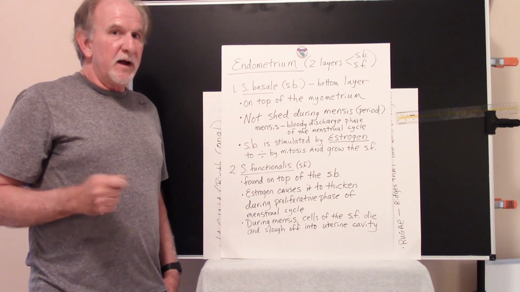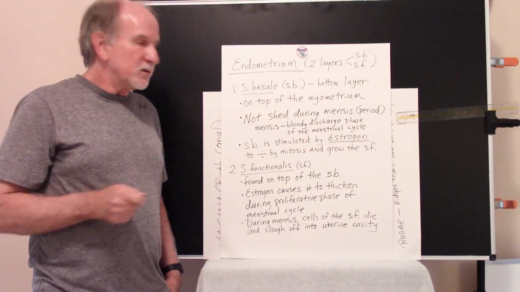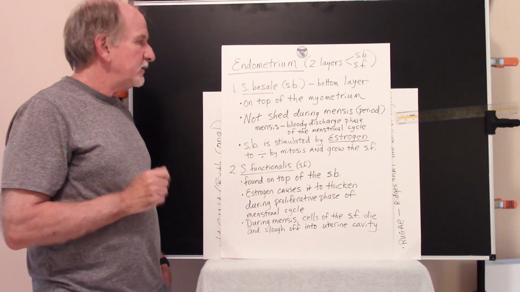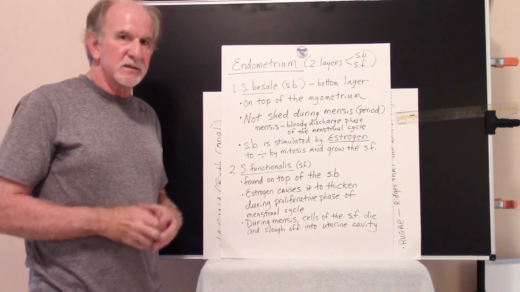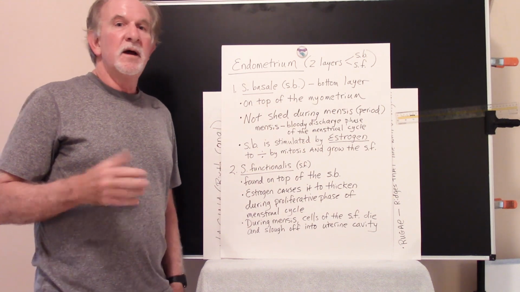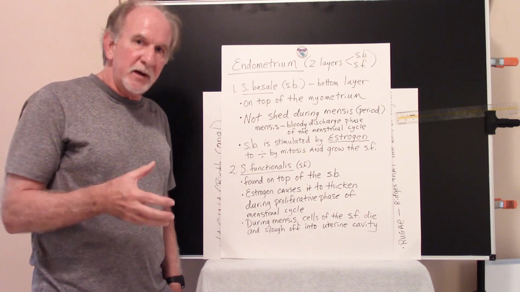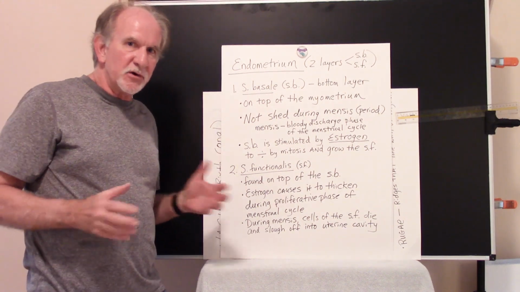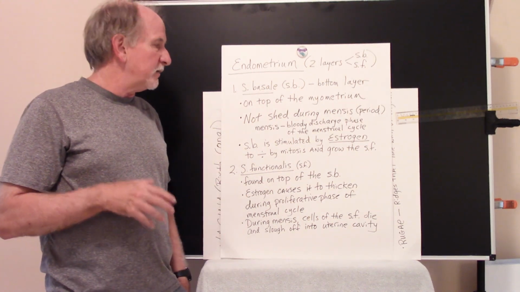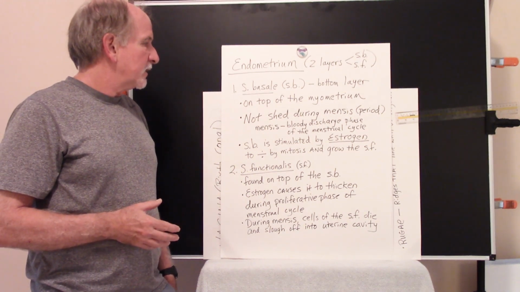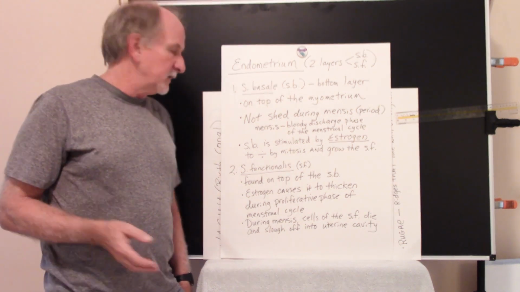I do want you to file away that the basal layer, or stratum basale, is not shed during what's known as menses. Menses is a more technical name for a woman who is on her period. And menses then refers to a bloody discharge phase of the menstrual cycle. And we're going to talk more about that later.